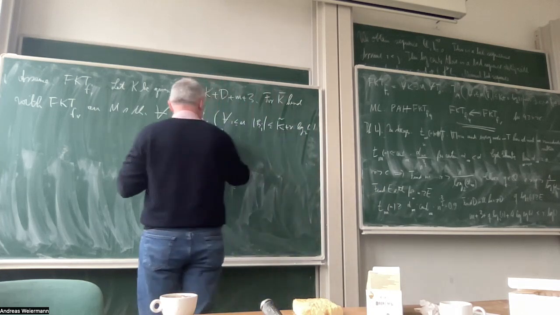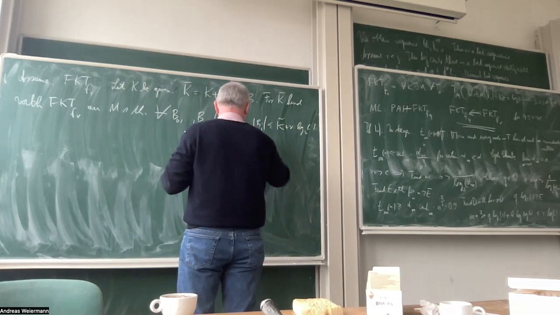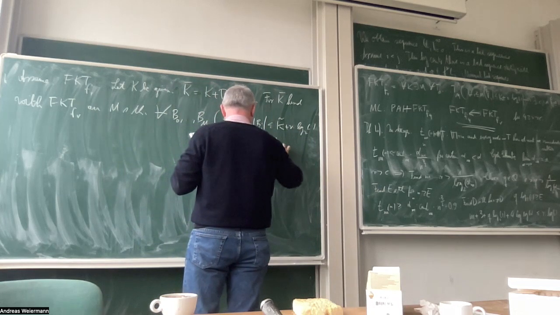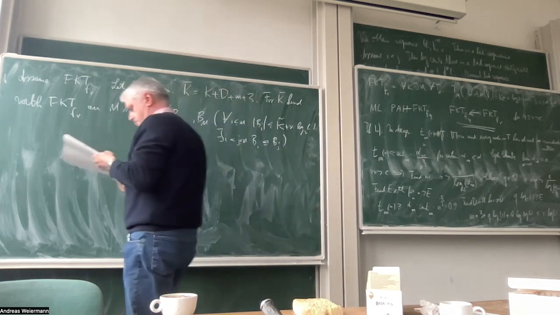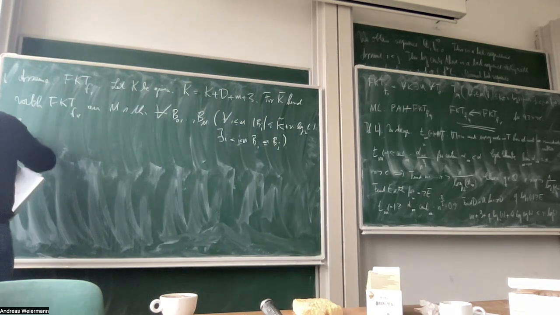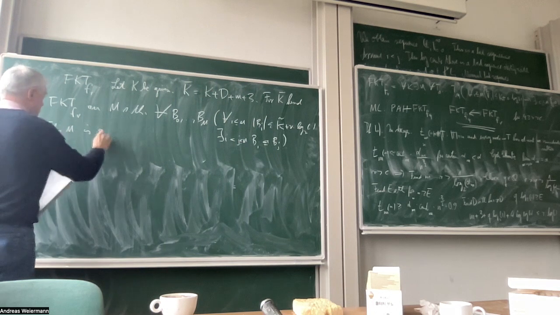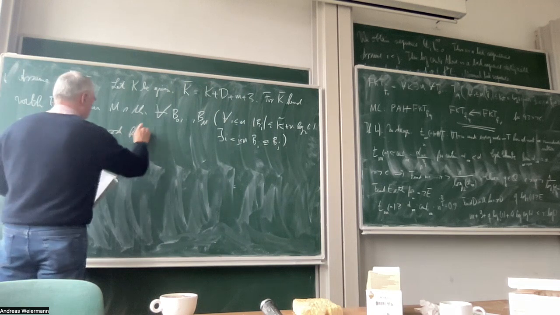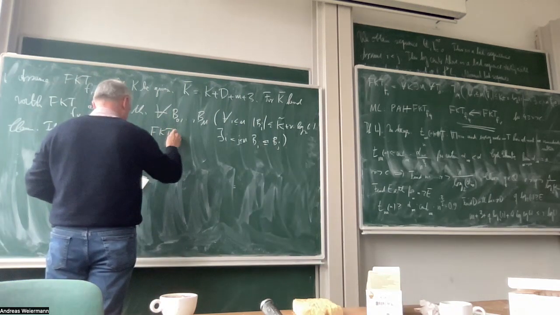We have this I less than there, such that I is equal to. Okay, now we claim this M is good for KT.